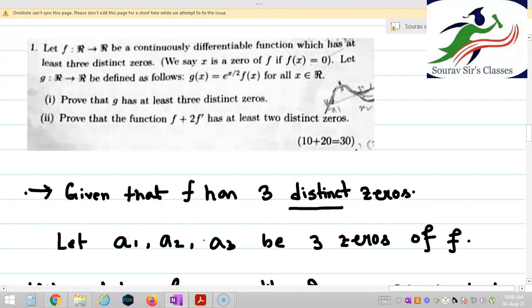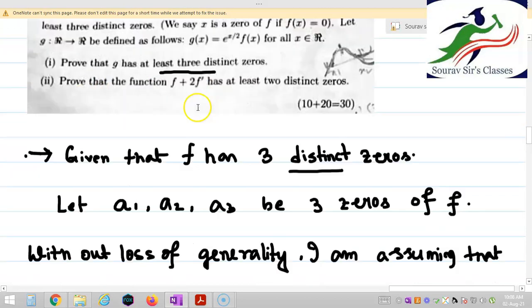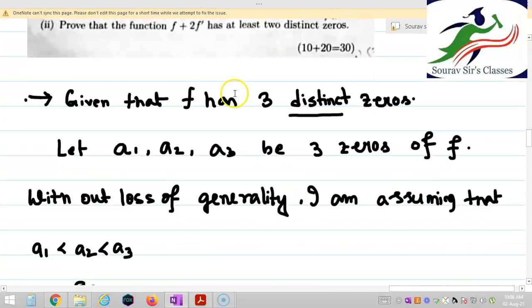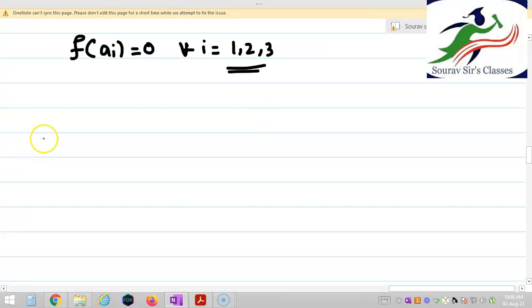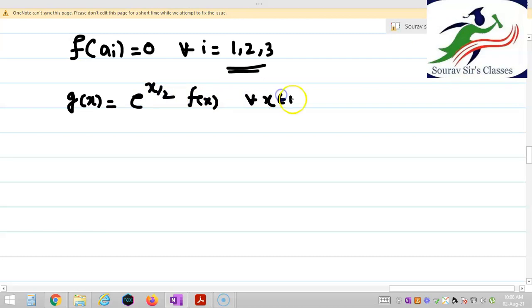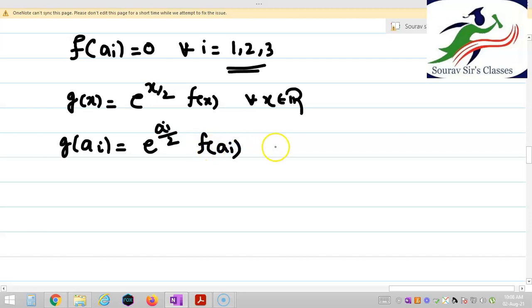First of all, we need to show that g has at least 3 distinct zeros. What is g(x)? g(x) is equal to e to the power x by 2 into f(x) for all x belongs to R. So g of ai is equal to e to the power ai by 2 into f of ai for all i equal to 1, 2 and 3.